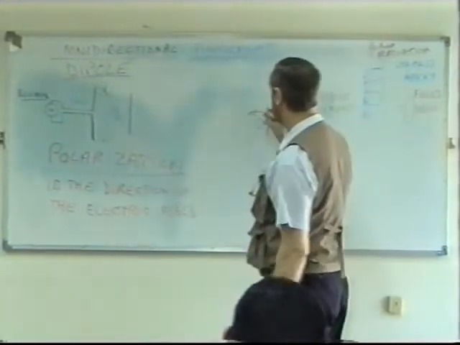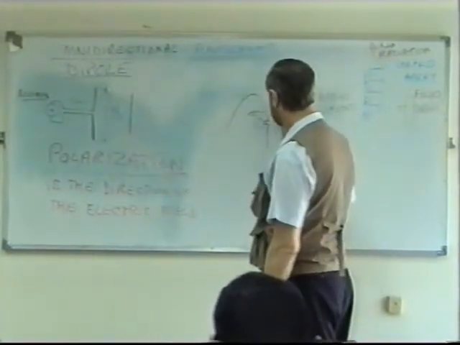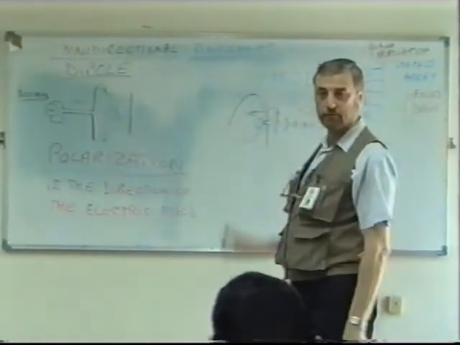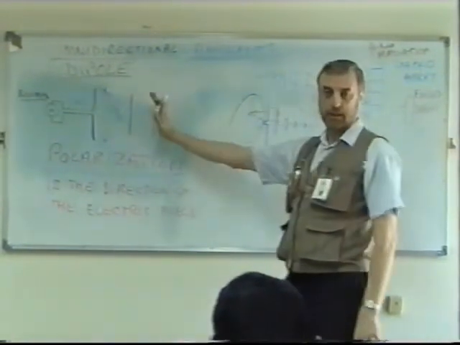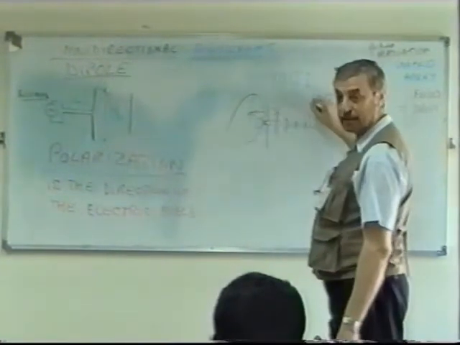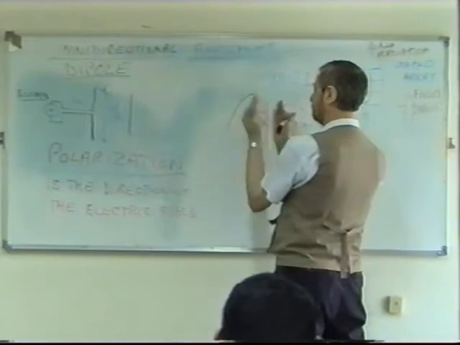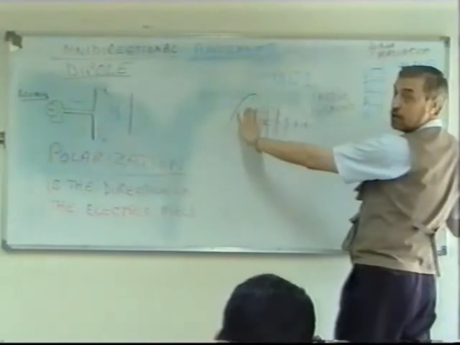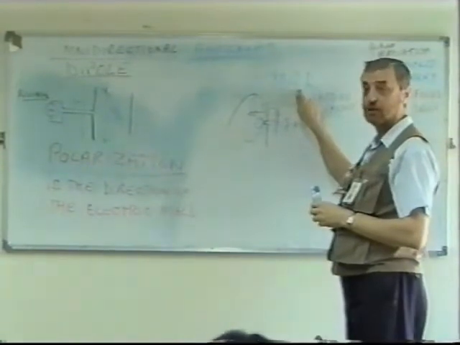For instance, a positive half cycle from the dipole, because of the gap between them, results in a negative half cycle from the first passive element. These two cancel, so there's no radiation in this direction. But in this direction, they actually add. They reinforce it. So it's getting the energy from our dipole and forcing it in one direction. In other words, this is a very good example of a directional antenna.